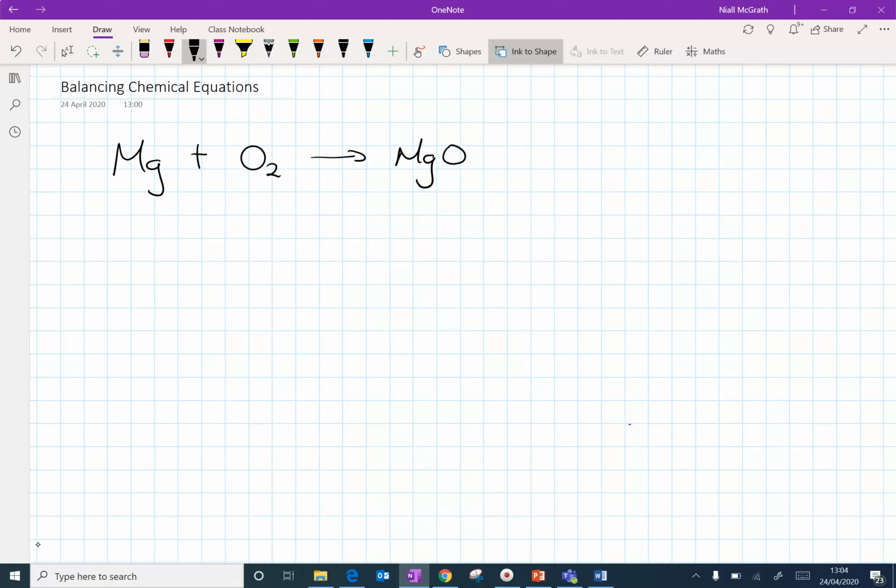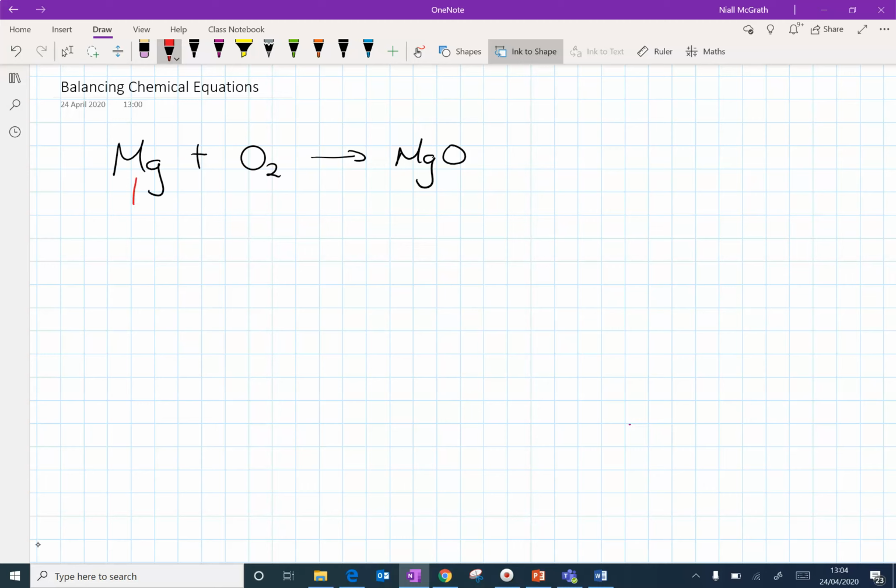That chemical equation does tell us what's happening, but it doesn't have a balanced number of atoms at each side. Magnesium does react with oxygen to give you magnesium oxide, but you have to have the same number of each element.